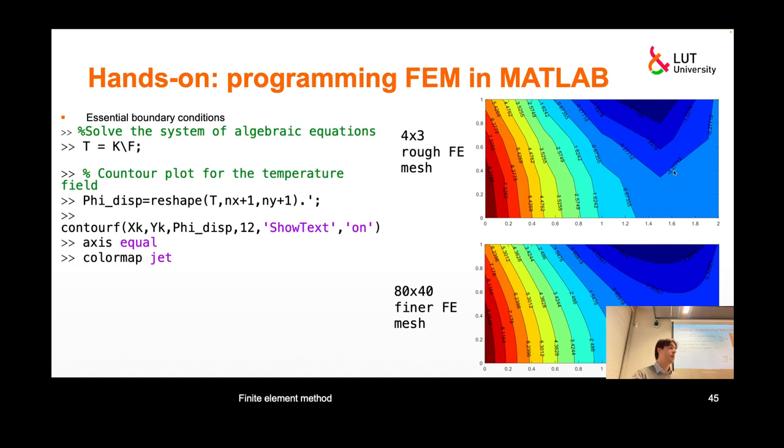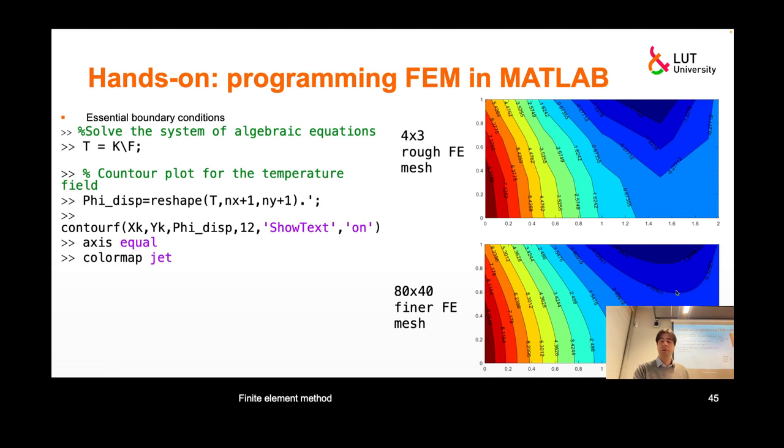Of course, that's maybe not a very precise solution, and I would expect in an accurate solution those lines to be smooth. If you run the same code for a finer mesh, changing n, x, and y variables, nothing else, you get the same solution.